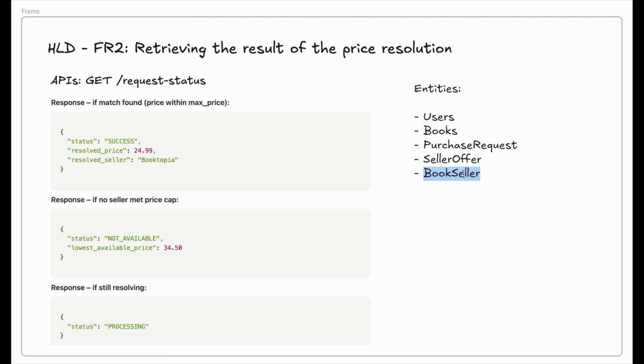Since each seller exposes a different API with different formats and protocols, this entity stores per-seller configuration. For example, the API endpoints, the request templates, the response mappings, the retry policies, and quality scores like latency or success rate. So this gives our system enough context to talk to dozens or even hundreds of sellers cleanly.